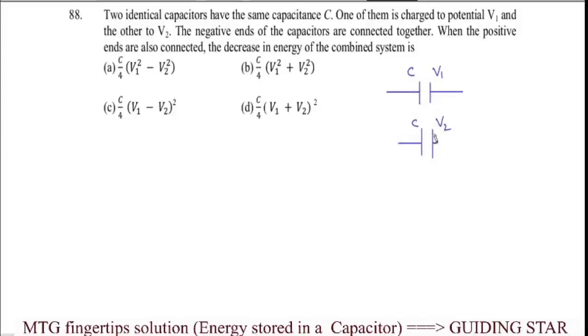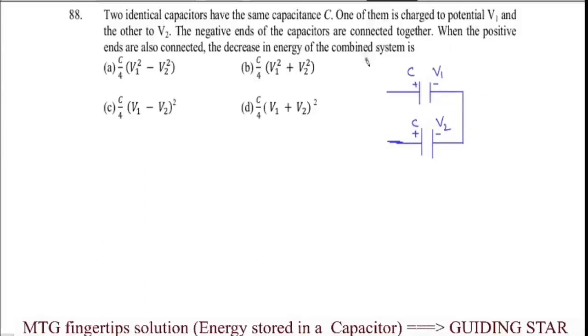So these are the two capacitors which are present here, and the negative ends of the capacitor are connected together. That means here in this particular case, assume that this is the positive plate of the capacitor and this is the negative plate of the capacitor. Similarly here it is the positive plate and this is the negative plate. Clear? So negative ends of the capacitors are connected together over here.